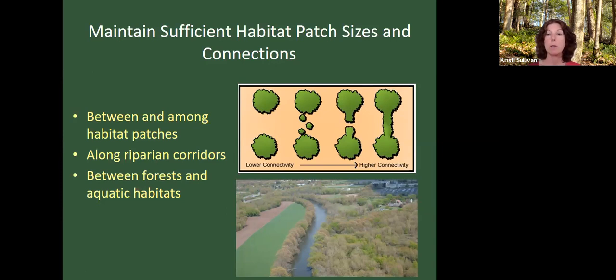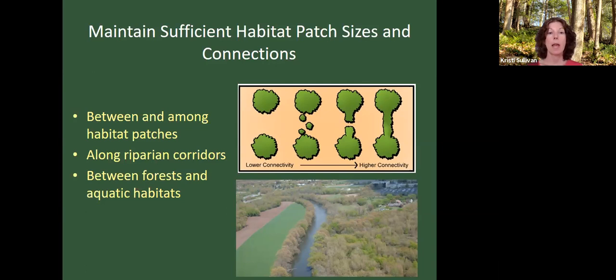Oftentimes, an easy way to do this is to have forest corridors along streams, called riparian corridors. So this serves two different purposes. One is that it provides a buffer of forest habitat along the stream, and it also can serve as a connection between forest habitat patches.